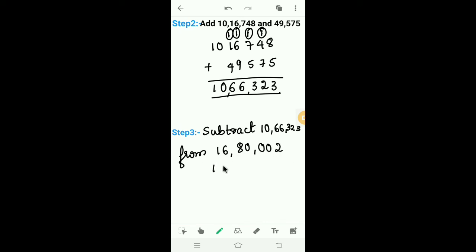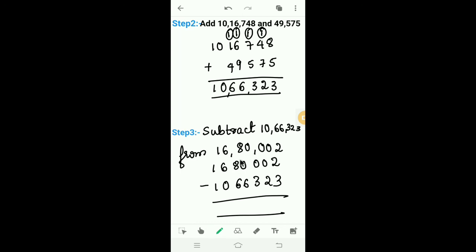So first I will take 16,80,002 minus 10,66,323. 2 minus 3 is possible to subtract? No, it is not possible. So we have to borrow from next number. Here next number is 0. So we go for a next number. Next number also 0. So we directly go for an 8.